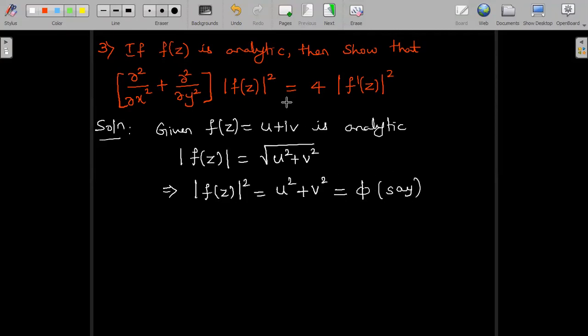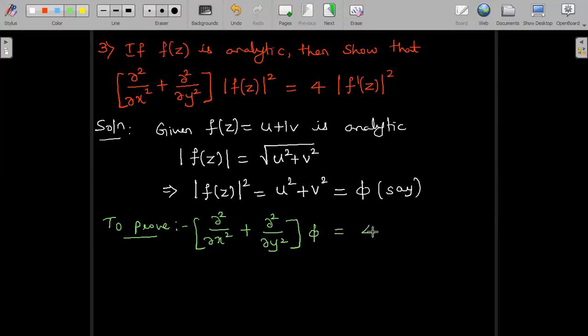Now with this, let us see what is to be proved. So in place of mod f of z whole square in the requirement, I'll write phi and show what is to be proved. So to prove dou square divided by dou x square plus dou square divided by dou y square, the whole thing into phi. The outside term is nothing but phi for us.